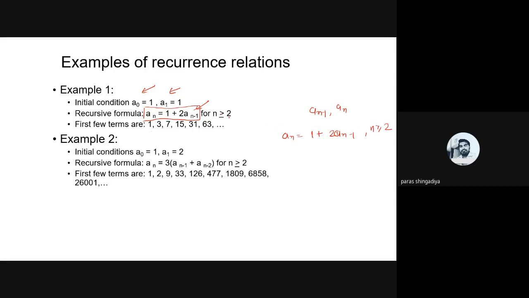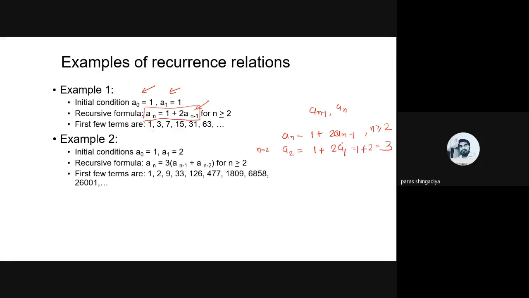Now put N equal to 2 in this formula, so we'll get the A2 answer. A2 is equal to 1 plus 2A2 minus 1, replacing N equal to 2 in AN minus 1. So A2 will become 1 plus 2A1. And what is the answer of A1? That is 1. So it is equal to 1 plus 2, that is equal to 3.